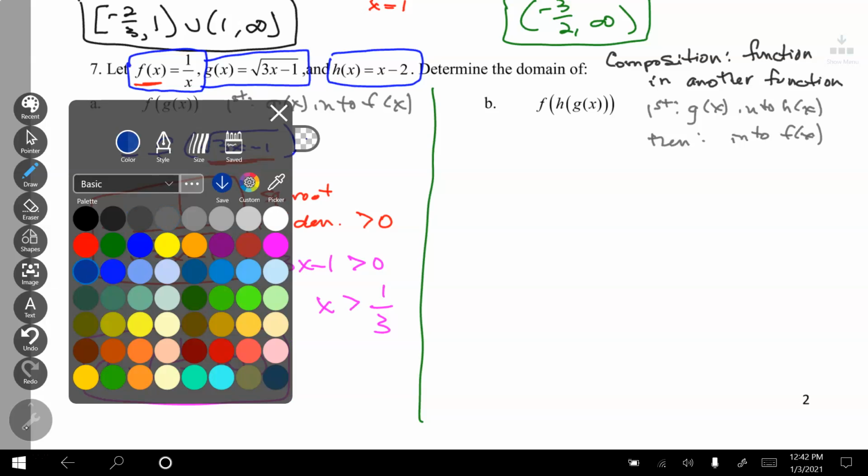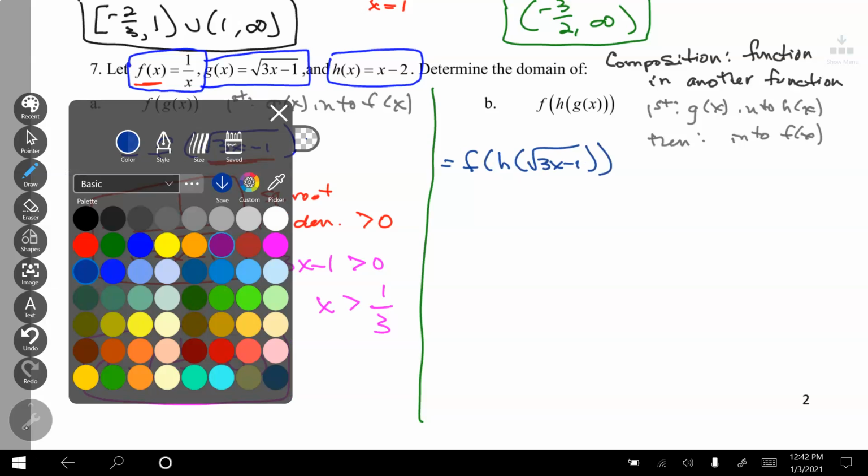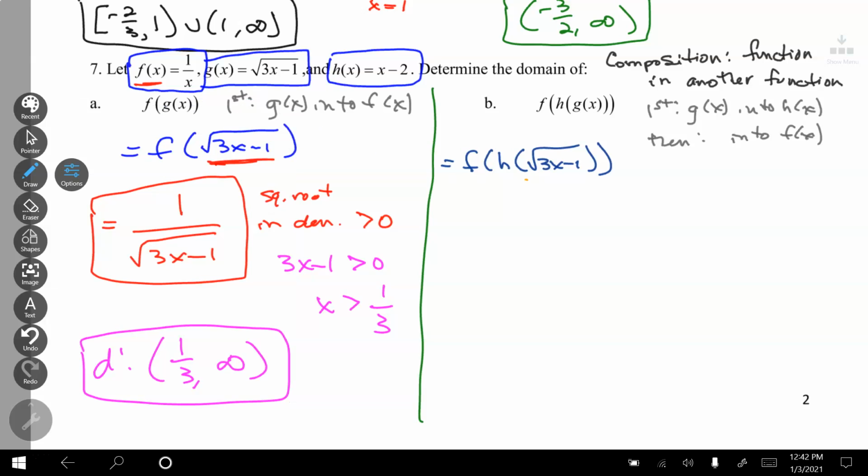So when I do this, I have f of h, and the g function is, again, the square root of 3x minus 1. So now, this whole 3x minus 1 has to go into the h function right here for the x. So this becomes f of the square root of 3x minus 1, and then minus 2 on the outside of the square root part.